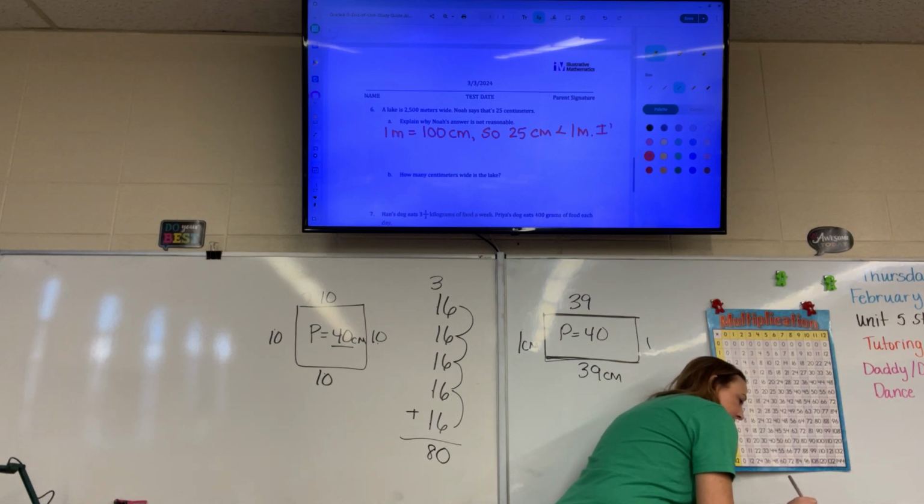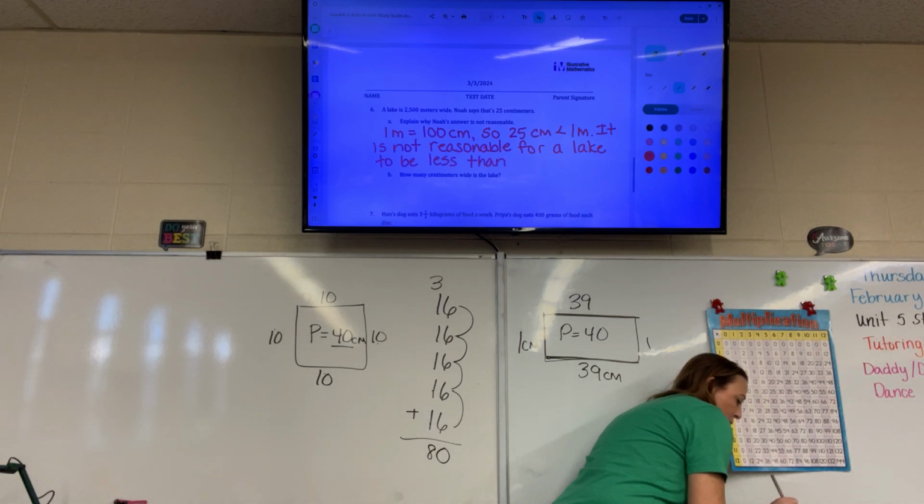It is not reasonable for a lake to be less than 1 meter wide.